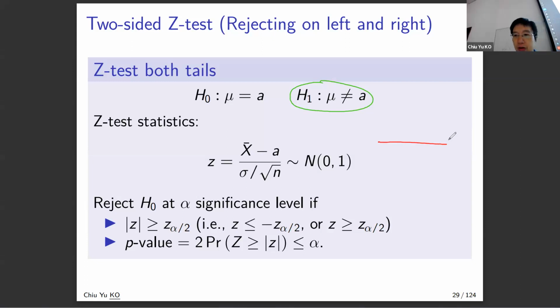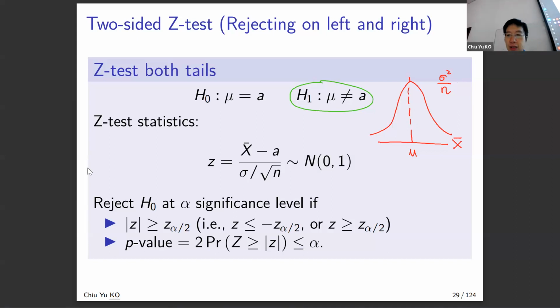So X bar is here, we have a bell shape, mu is here, and the size of the bell depends on sigma and n. Here, because we don't exactly know the direction of the problem, violation on both sides will be an issue.